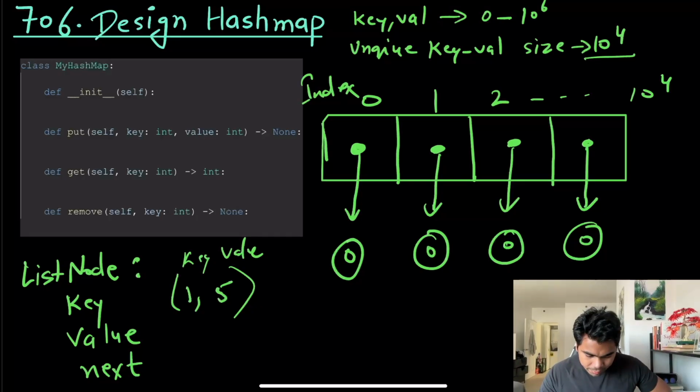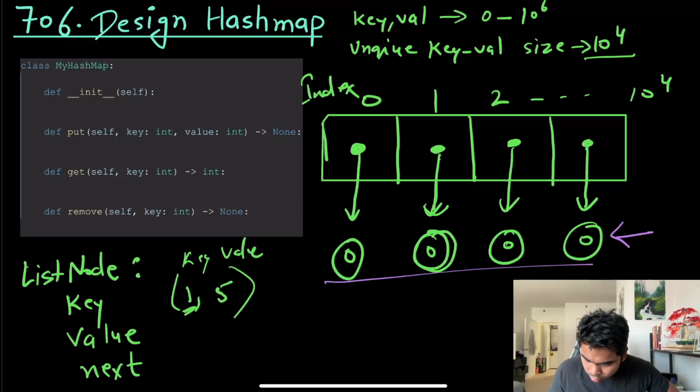So from this list, I will go to index 1 because that's my key, and then I will access this current pointer. So these are all current pointers.